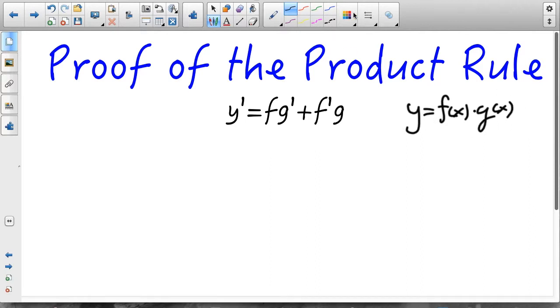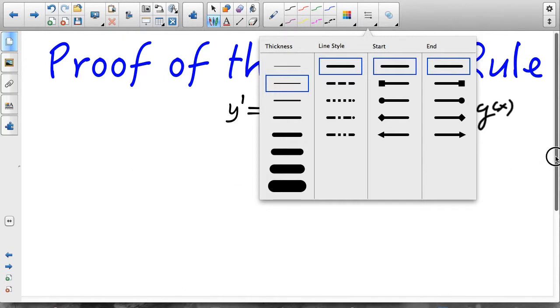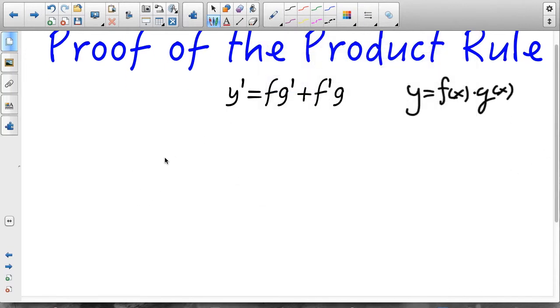Sorry, I apologize for my writing, it's not the greatest. I am on Christmas break as well, so I'm totally rusty. Alright, let's give this a shot now. The definition of derivative is y prime. Most often you'll see that probably as f prime.